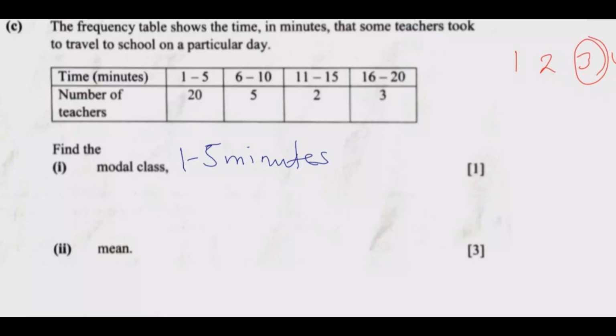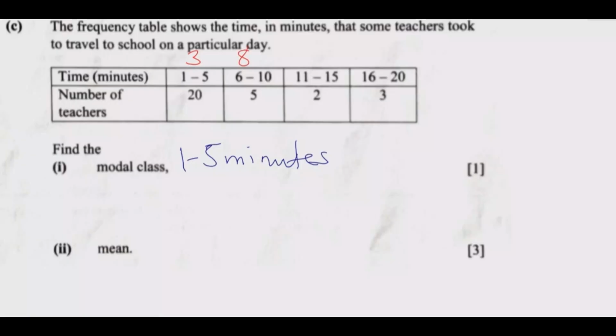So what we're going to do is like this. 1 plus 5 will give me 6. Then 6 divided by 2 will give me 3. So here the mid number is 3. Then here again, 6 plus 10 will give me 16. 16 divided by 2 will give me 8.